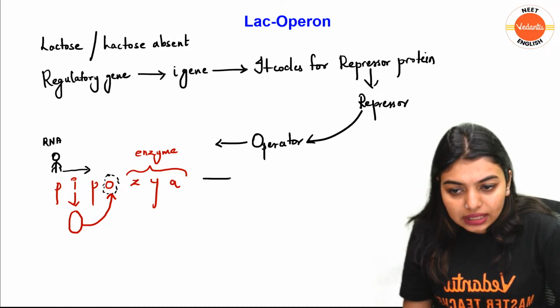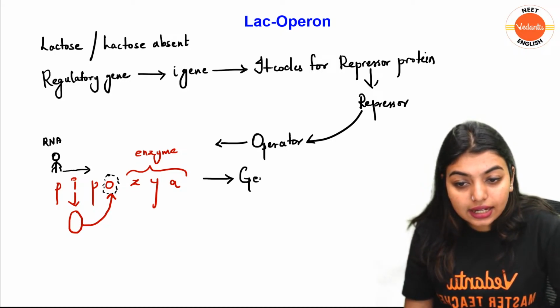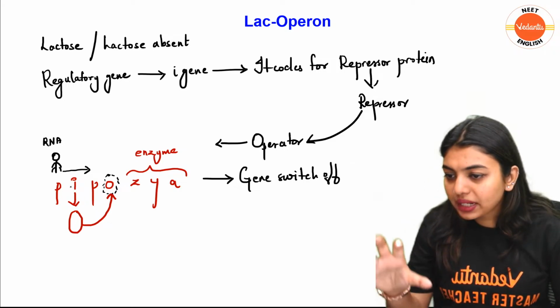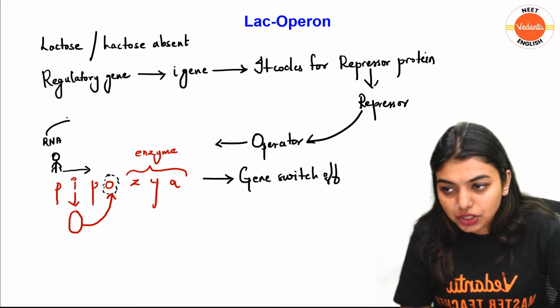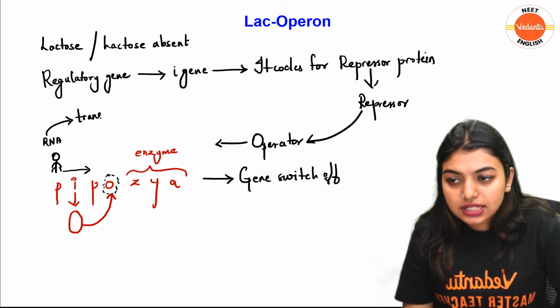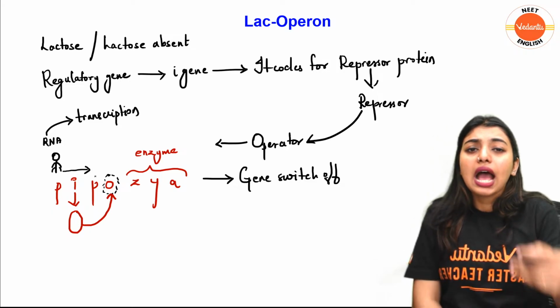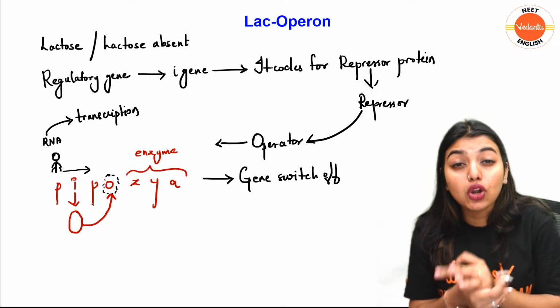This is the first site of regulation I told you about. This way the gene has decided to switch off. So what happened? RNA polymerase was coming to do transcription, right? It kept coming, and as soon as it reached the operator, it realized that the operator is blocked.